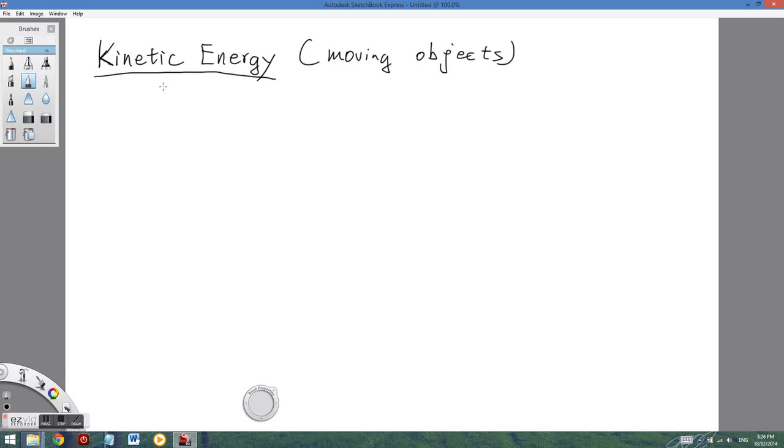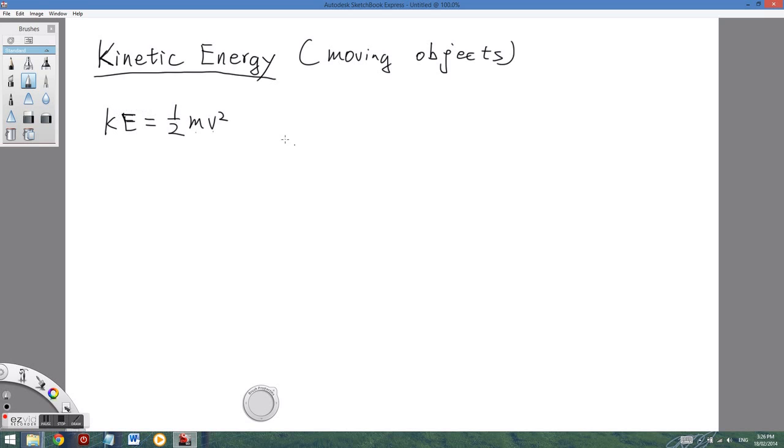If an object doesn't move, if it stays still, then it won't have kinetic energy. Kinetic energy can be calculated by half mv squared, where m is the mass and v is your velocity in meters per second. Actually, the speed.